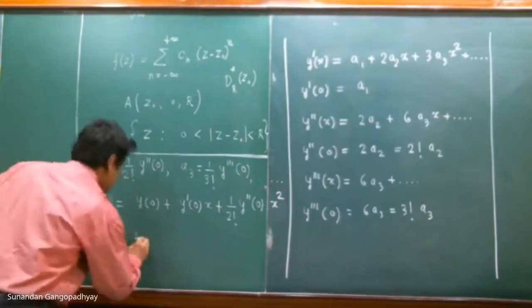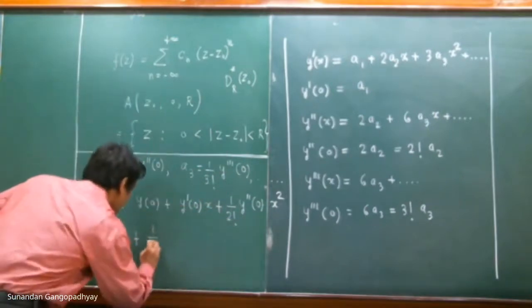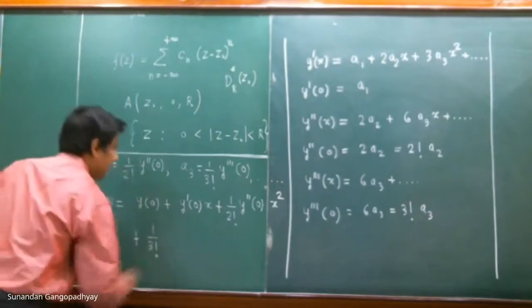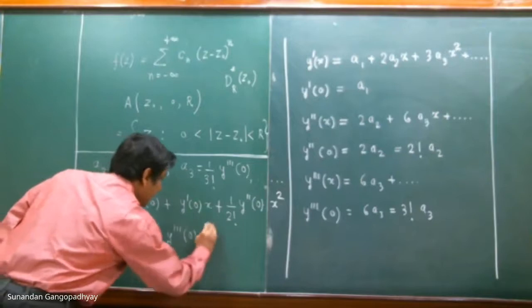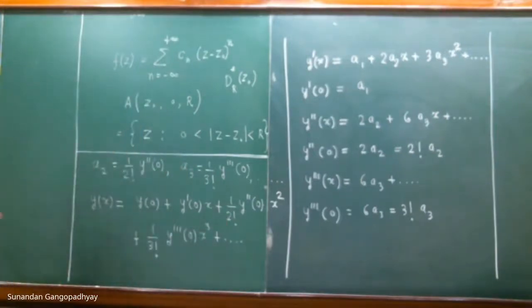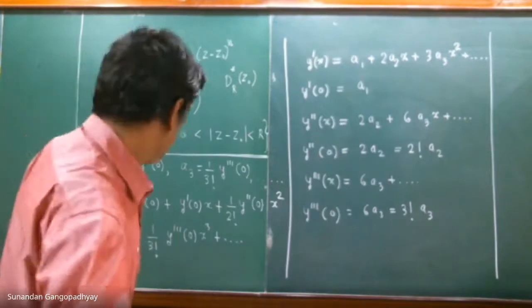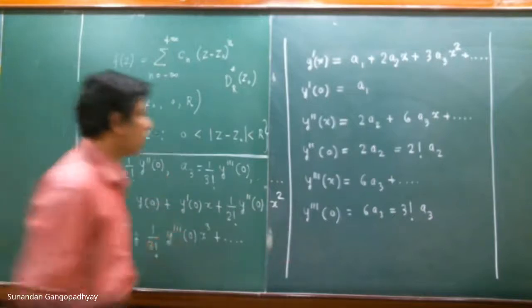The next term is a3x cube, but a3 is 1 by 3 factorial y triple prime 0, and so on. So this is how you can write down the power series for y of x.